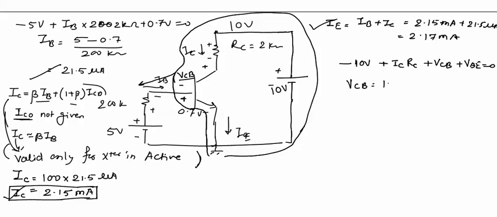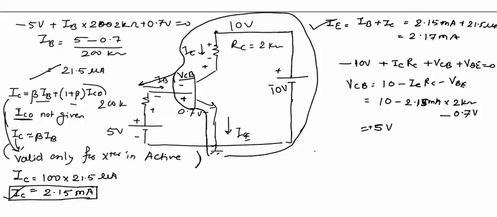Now VCB is equal to 10 minus IC into RC minus VBE, which is equal to 10 minus 2.15 milliamperes into 2 kilo ohms minus 0.7 volt, which equals 5 volts plus 5 volts.